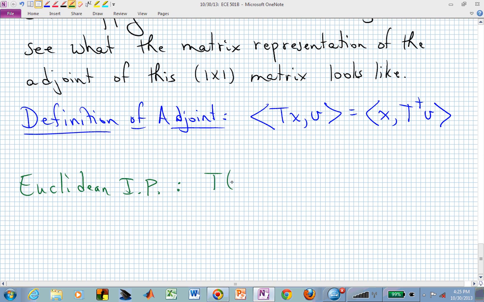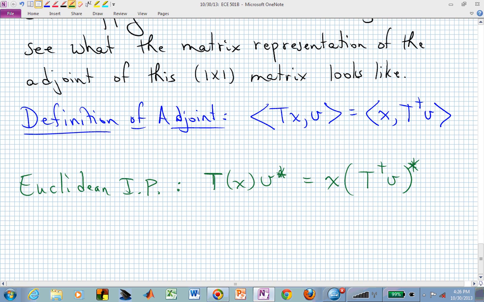But now we have T applied to X times the complex conjugate of the second slot, which in this case is V star. That's equal to X, the first slot, times the complex conjugate of the vector in the second slot. And the vector in the second slot is this operator or linear map T dagger applied to V.